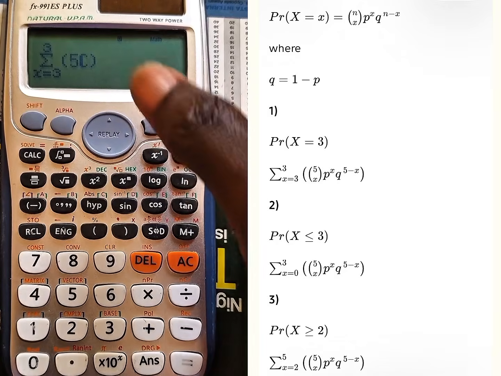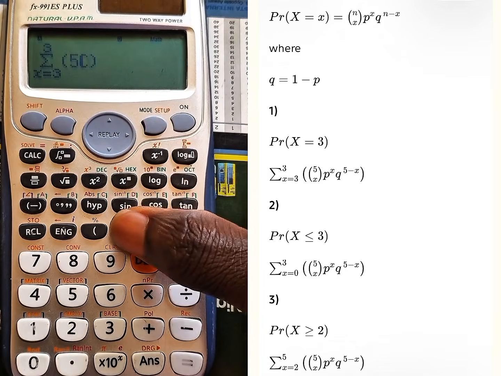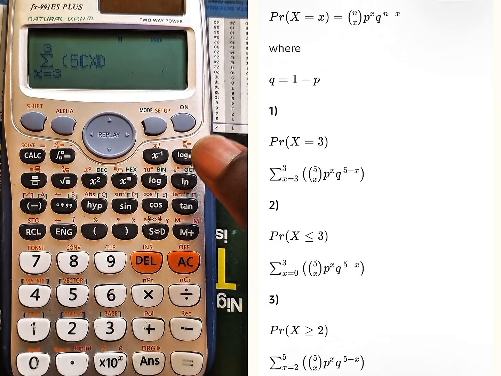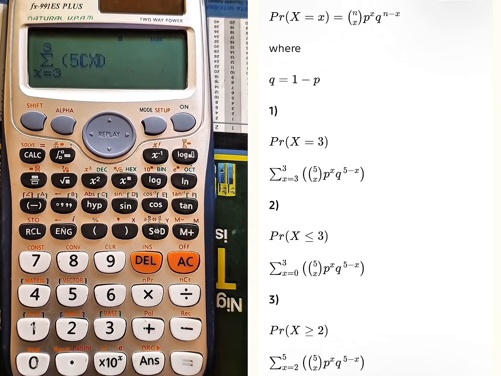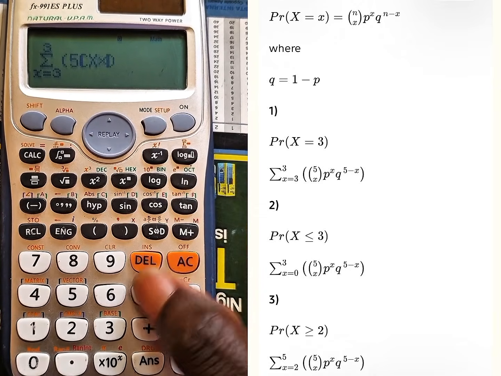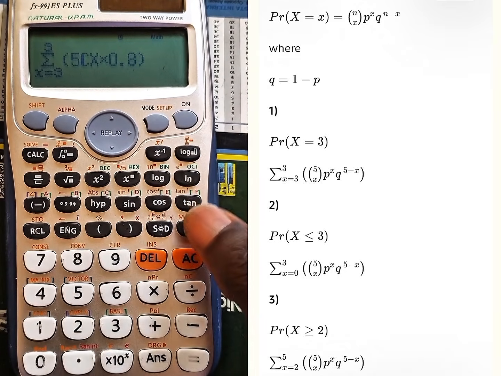For x, we press alpha and this key, and it will give us x. Then times the vaccine is 80% effective, so our p is 0.8.